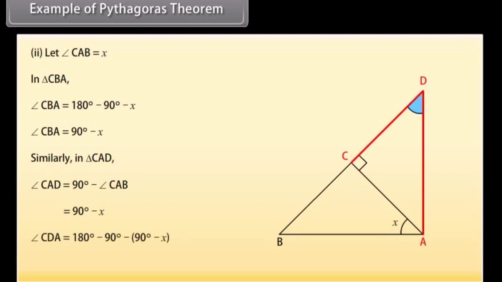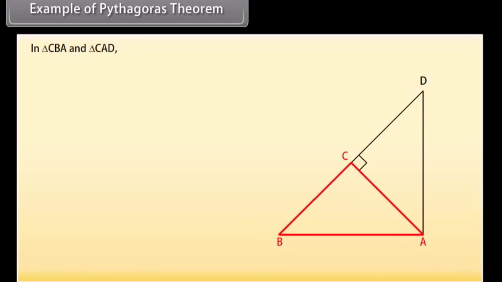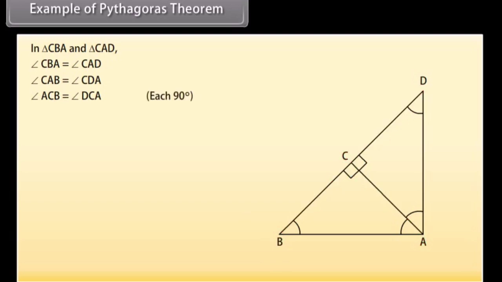Angle CDA is 180 degrees minus 90 degrees minus (90 degrees minus x), which is equal to x. In triangle CBA and triangle CAD, angle CBA is equal to angle CAD, angle CAB is equal to angle CDA, angle ACB is equal to angle DCA, each is 90 degrees.